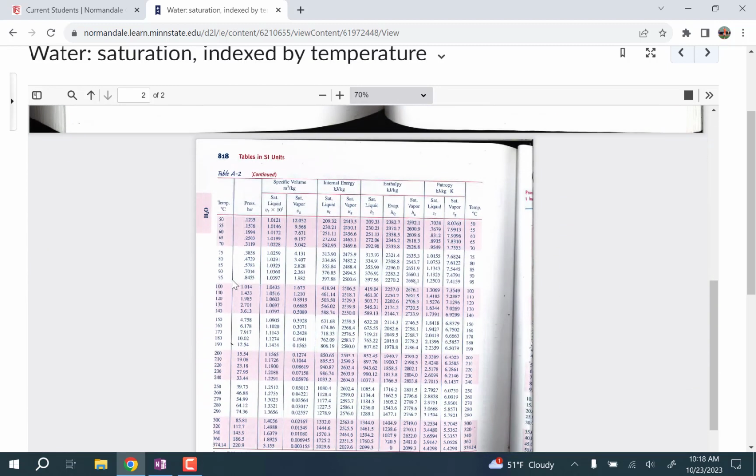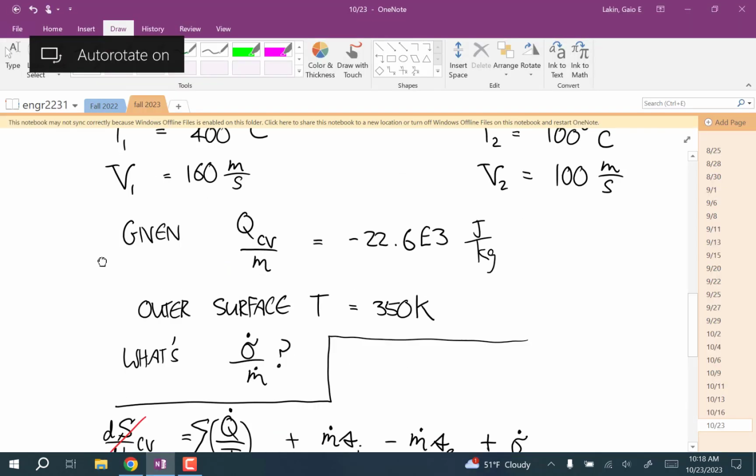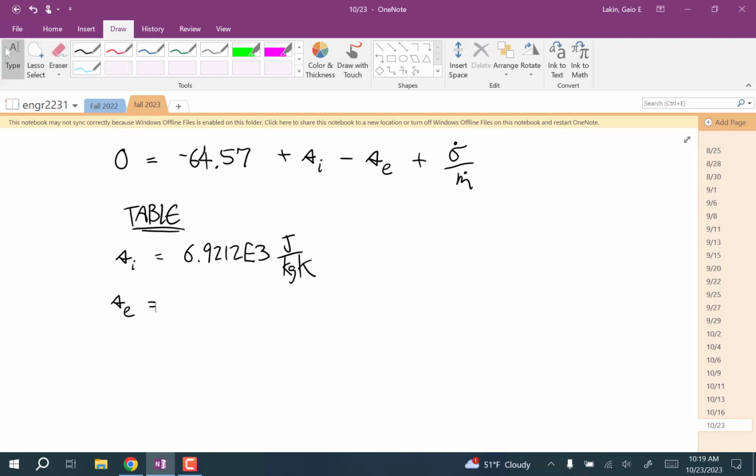So at 100 degrees Celsius, the specific entropy for a vapor is 7.3549 times 10 to the third joules per kilogram Kelvin.